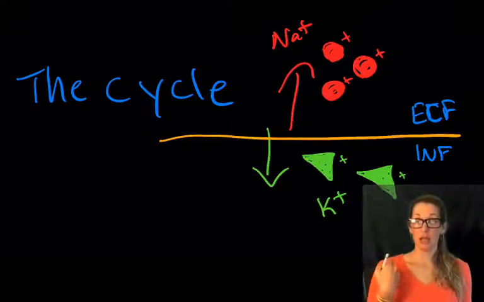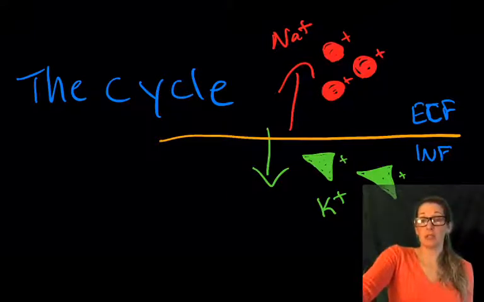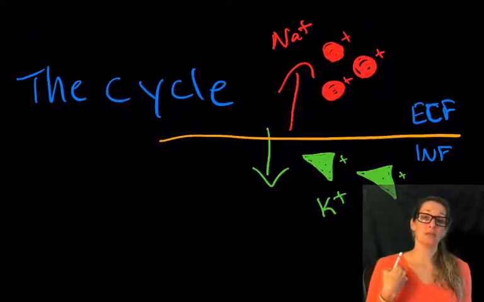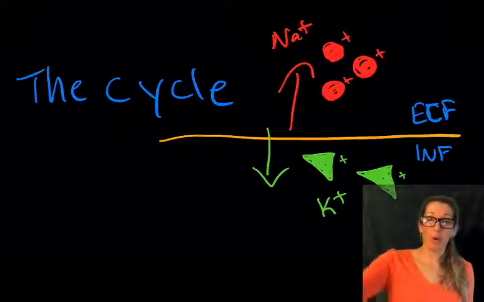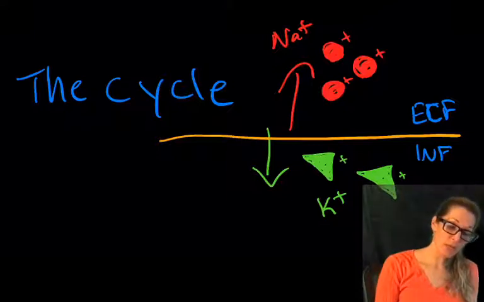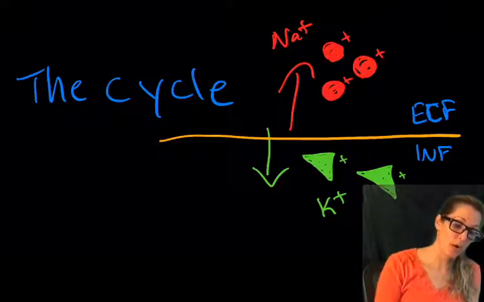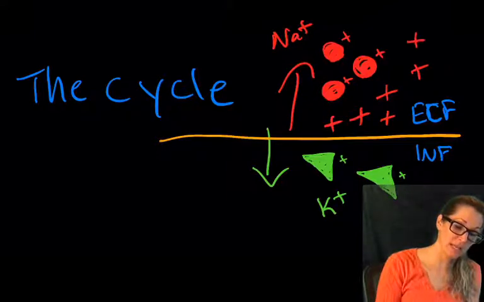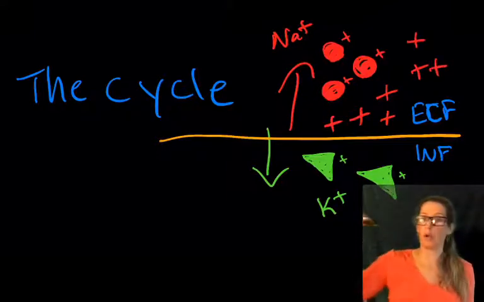I do. I gave you $2, but I netted 1, right? So even though we're pumping positive into the cell and positive out of the cell, the extracellular fluid is going to become more and more and more positive.